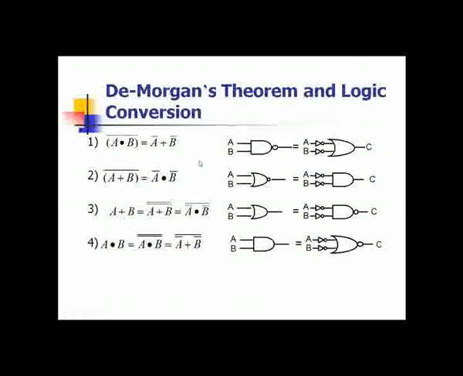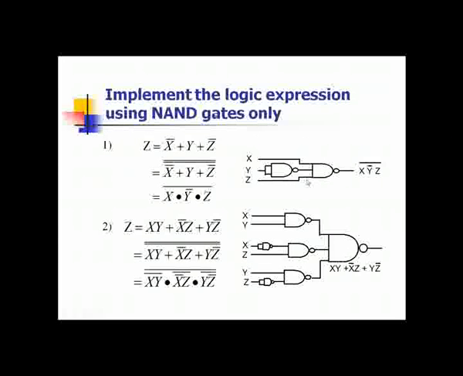Similarly, you can check De Morgan's law in the rest of the three examples, which are A plus B whole bar, equal to the complementation of the individual functions, and this OR function is complemented to an AND function. Similarly, this A plus B is complemented through this De Morgan law. All the individual resultants and the input terminals are represented by the symbolic representation as shown in the figure.